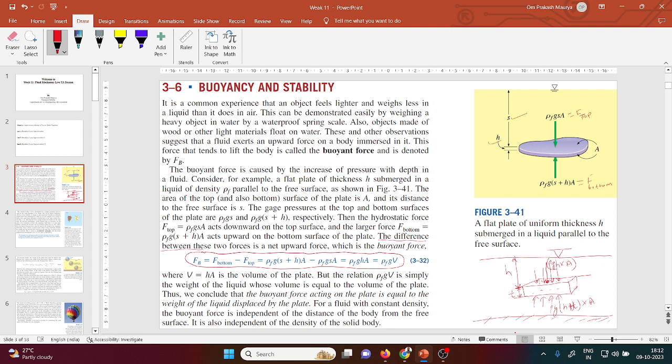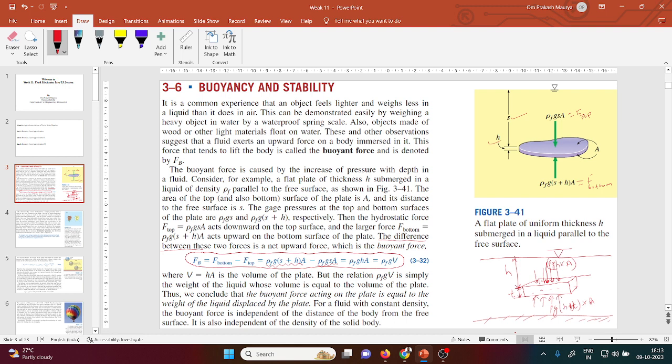The line is talking about these two forces, the bottom force and the top force. The difference between the bottom and top force is basically the buoyancy force.